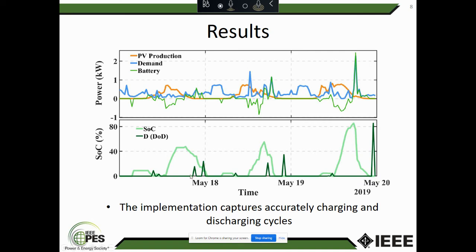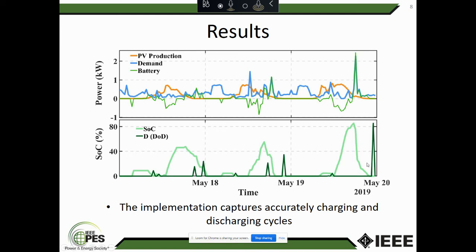So here we see that it's computed, so it's basically zero all the time, except when there is the end of a discharge. If we see here around May 18, we can see that we capture two discharge cycles. There is one starting around 50%, and another one starting around 20%.